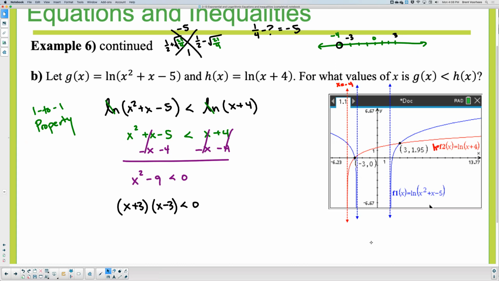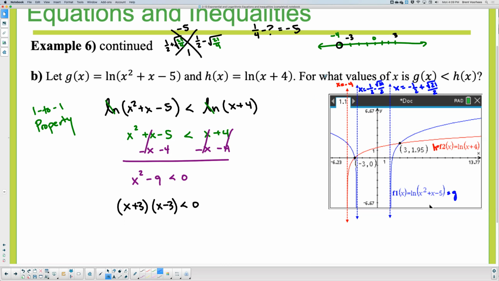Now, if you're wondering, what are those values that create that asymptote? This is the equation G here. This is x equals -1/2 plus the square root of 21/4, which is the same thing as the square root of 21/2. And this one right here is x equals -1/2 minus the square root of 21/2.